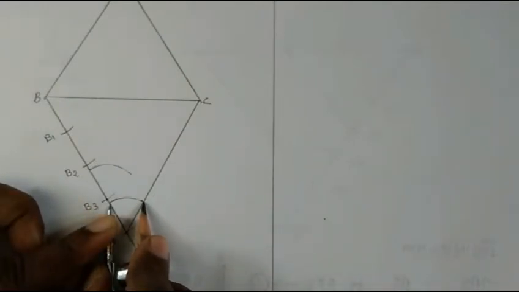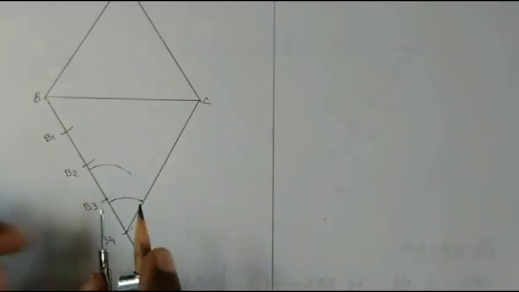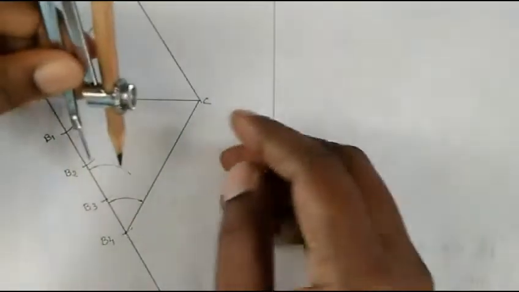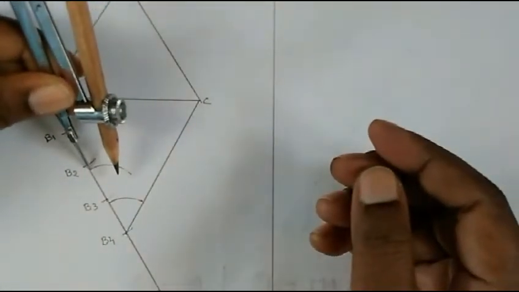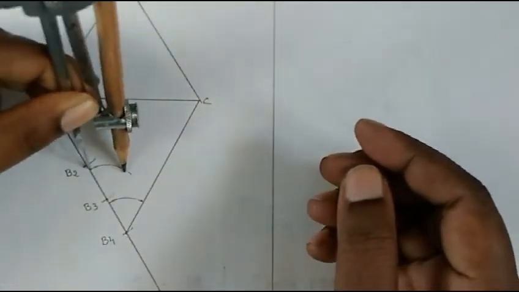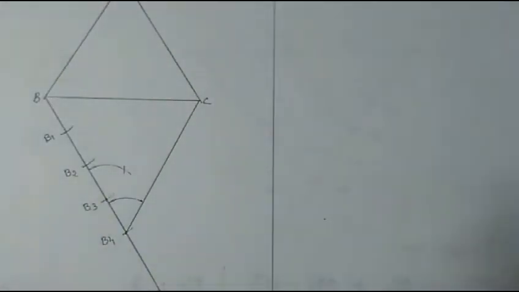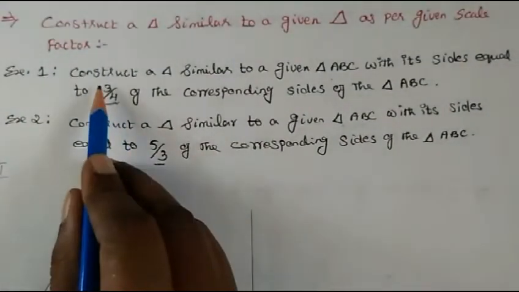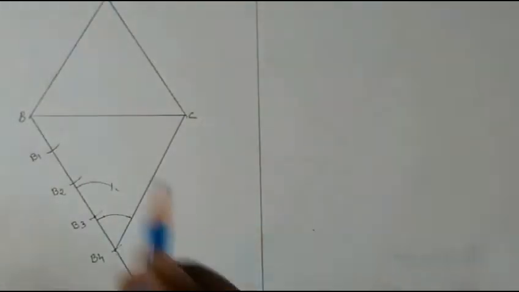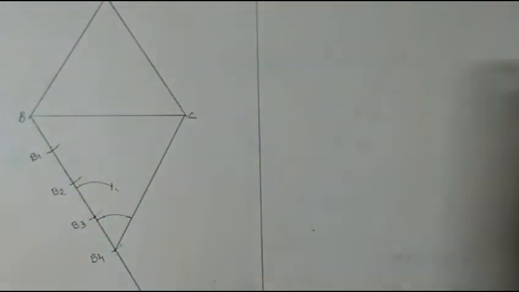We have measured the angle. The same measurement we measure here also. This angle also we will measure. After measuring, now join the points. From point 3, because point 3 we have to construct, join point 3 and this point.